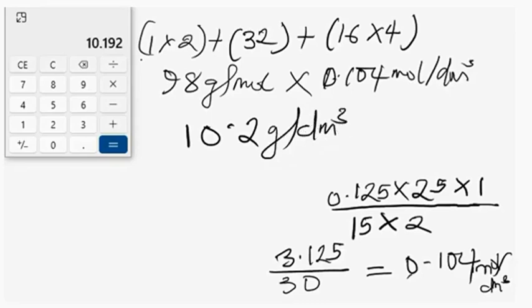And guys, this is the mass concentration of this substance, of the acid here. So guys, the answer to this question is option C, and that's 10.2 grams per dm cube. So that's it for that question.